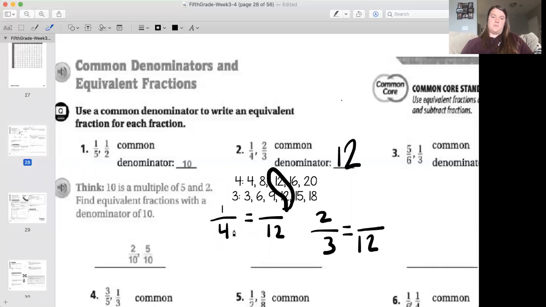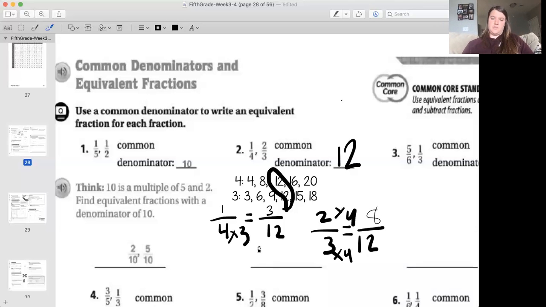4 times what gets me 12? Well, that would be times 3. So I have to multiply by 3 in the top, and 1 times 3 is 3. And then same thing over here, 3 times what gets me 12? That would be 4, so I have to multiply by 4 up at the top. 2 times 4 is 8.